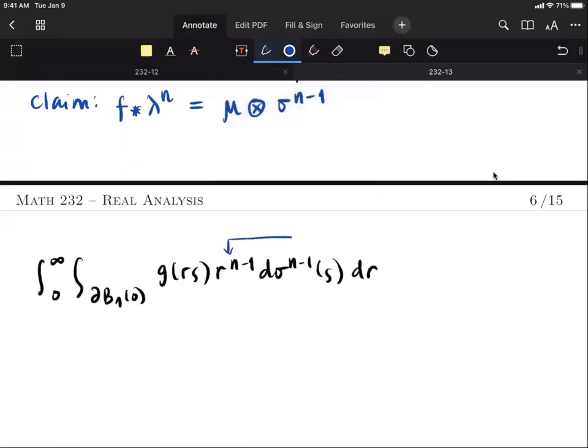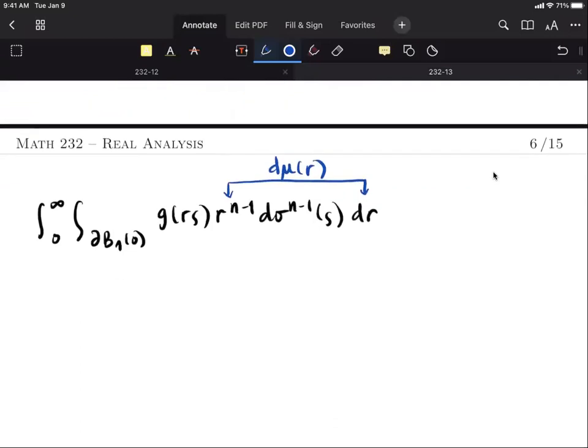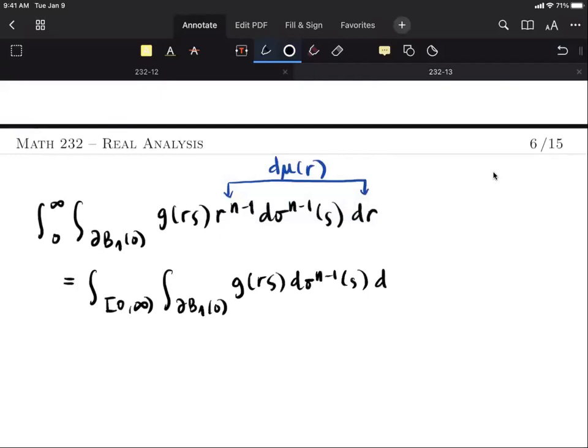This, as we said, is basically the mu of r. So therefore, I can write this as follows. So this is the integral, and write this in terms of a set, d mu of r.